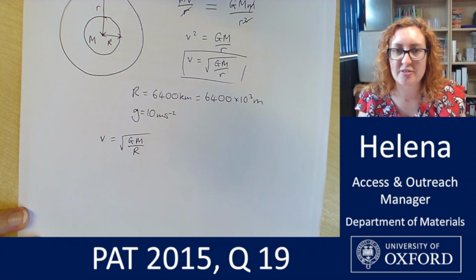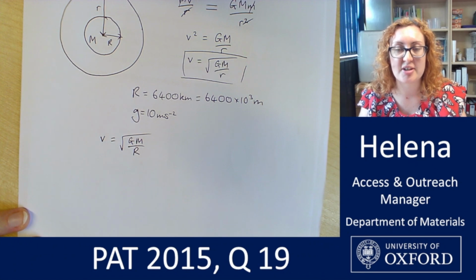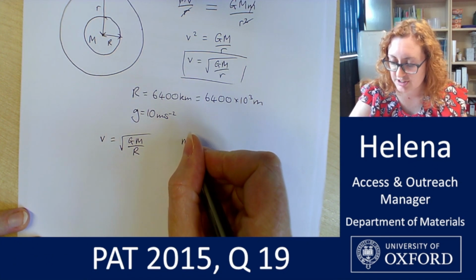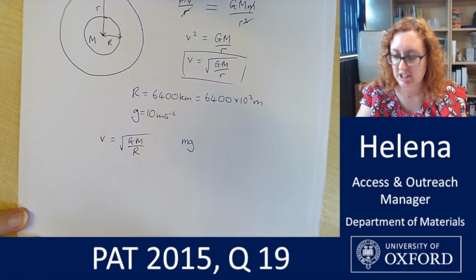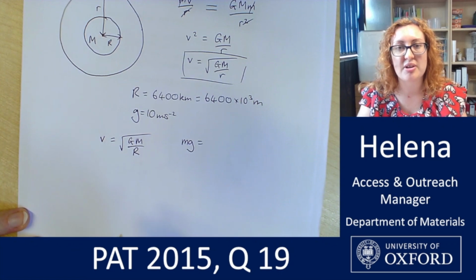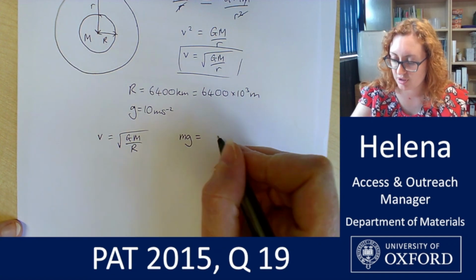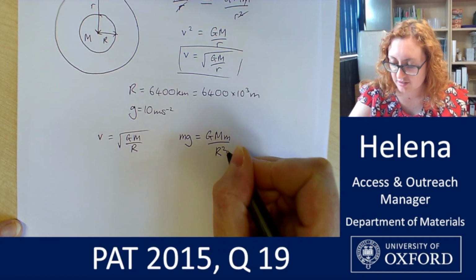So let's think about the forces that are acting on someone or an object which is at the surface of the Earth at the equator. If we have an object of mass m, its weight acting towards the center of the Earth would be mg. And this is also equal to the gravitational force between those two bodies, which is GMm over r squared.